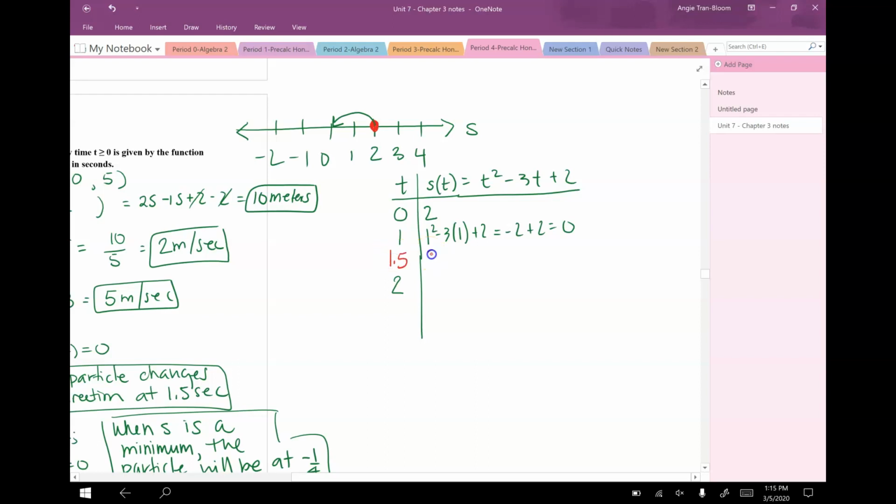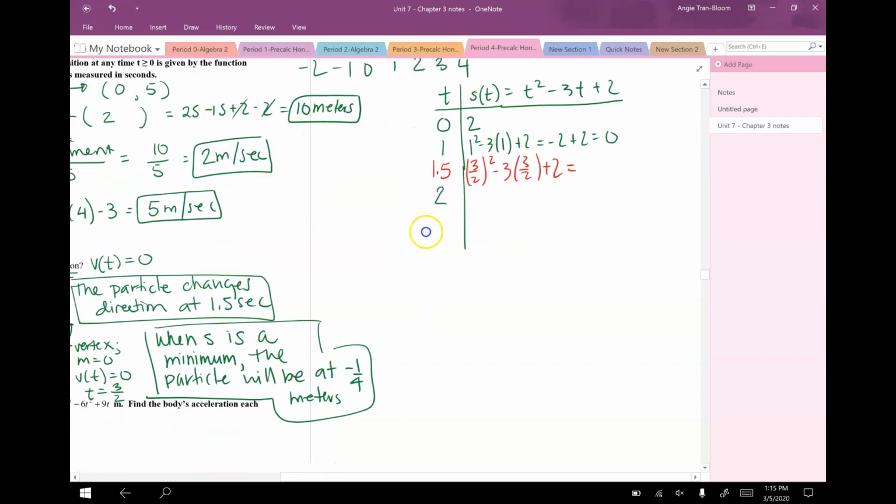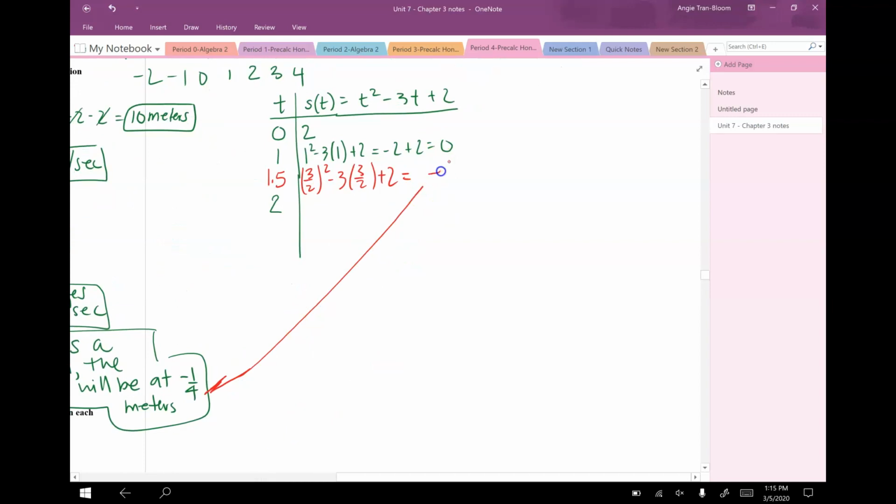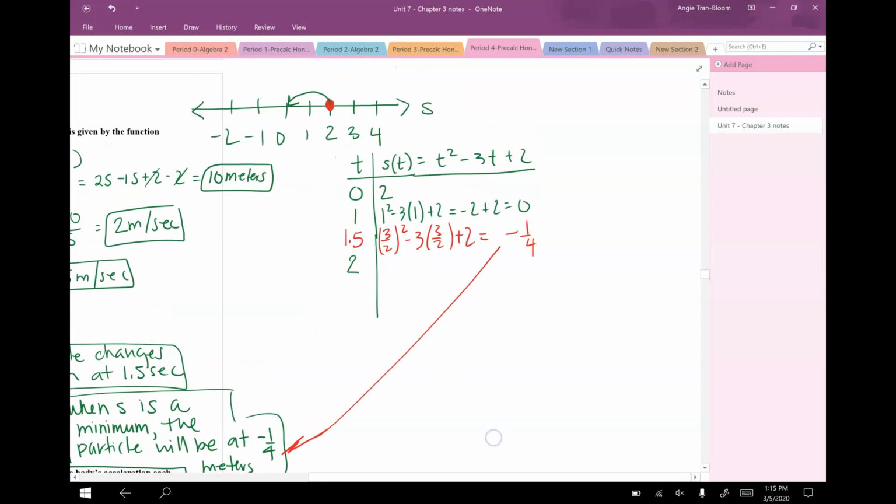So if I plug in 3 over 2 quantity squared minus 3 times 3 over 2 plus 2, and we did this math already, it came out to be -1/4. So at 1.5 seconds, the position is -1/4. I'm still going left.